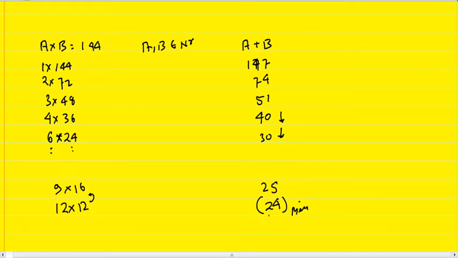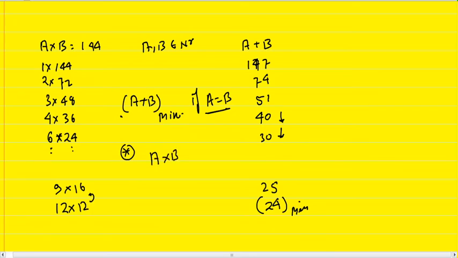It is still more than 24. So what was I trying to convey here with this example? I was trying to tell you that addition of numbers is minimized if you make numbers equal. The most critical condition is for any of this to work, the product of numbers must be given constant.